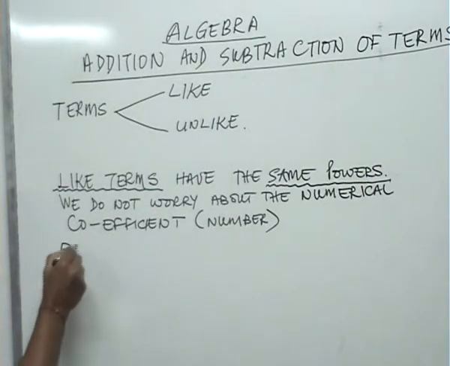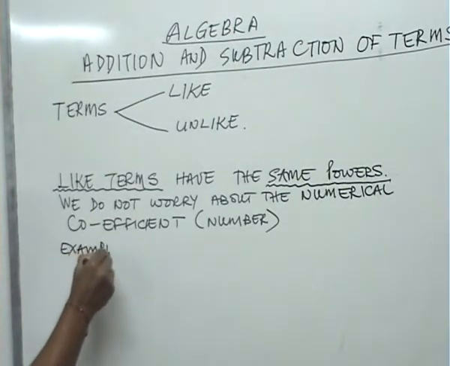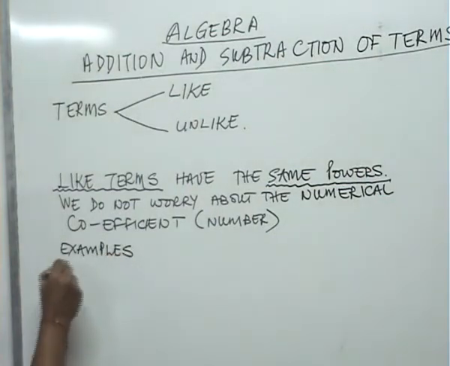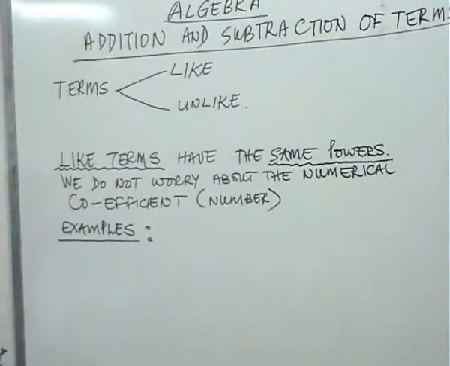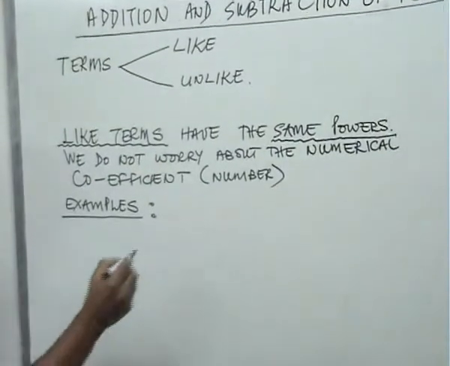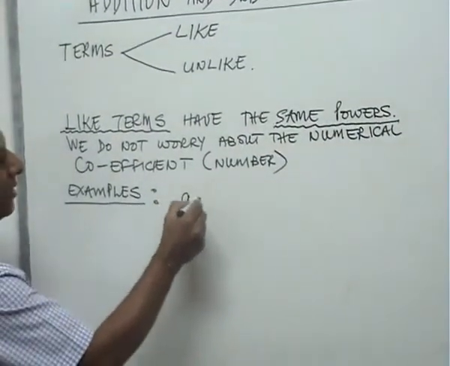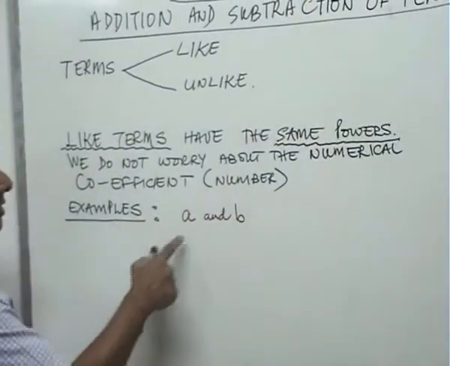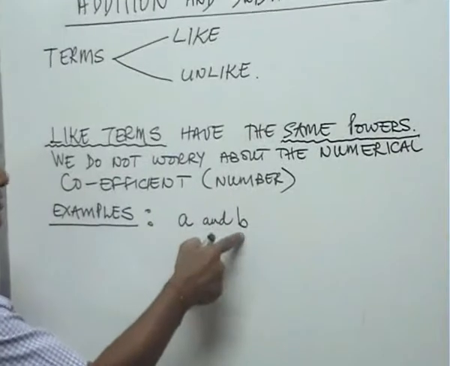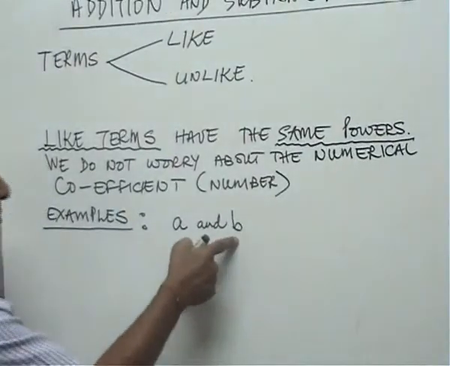Right, let's take some examples. And now you'll see why we spent so much time earlier on dealing with powers and explaining that powers are the same. If you take A and B, these powers are totally different. They're not the same.